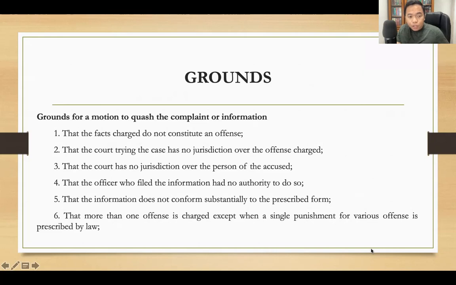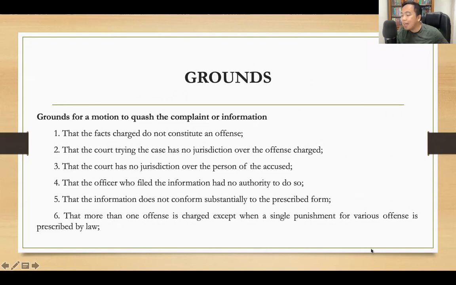Now, the officer who filed the information had no authority to do so. We have discussed this when we were discussing the prosecution of criminal offenses. There are certain officers who are only authorized to file an information in court.